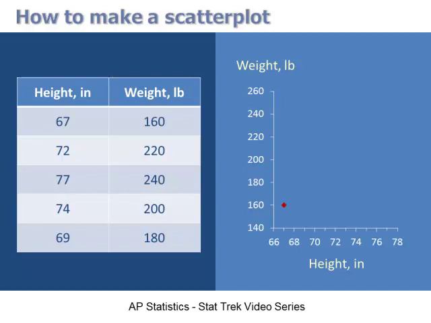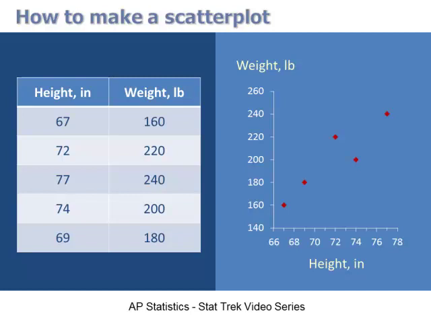To complete this scatter plot, we place a dot on the chart to represent the height and weight of every other player. 72 inches tall and 220 pounds, 77 inches tall and 240 pounds, 74 inches tall and 200 pounds, and 69 inches tall and 180 pounds.